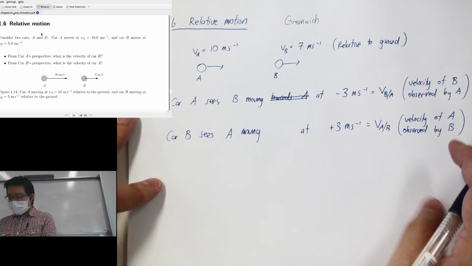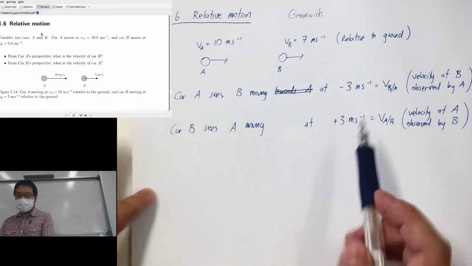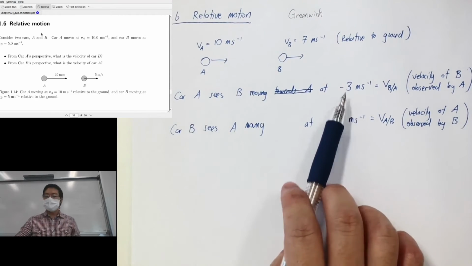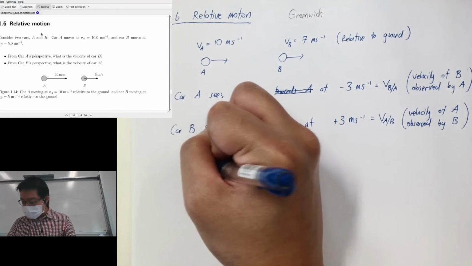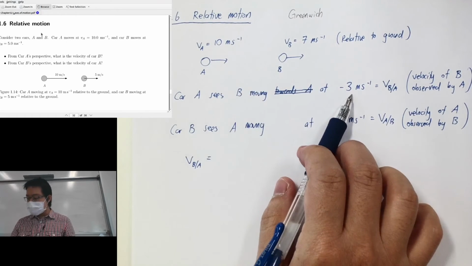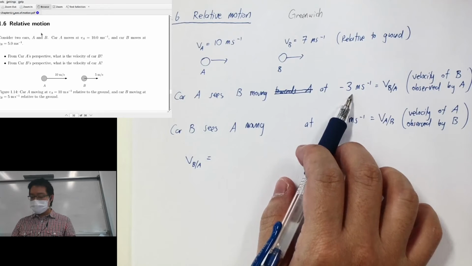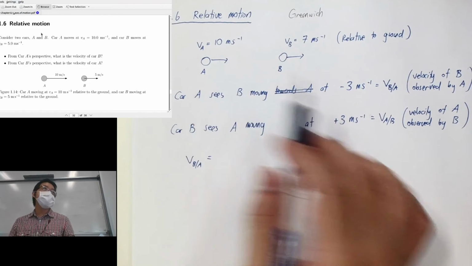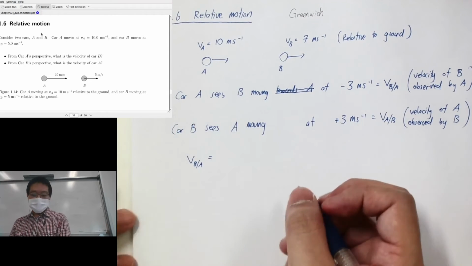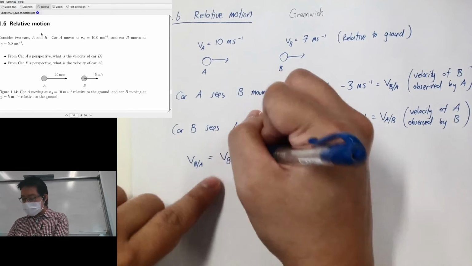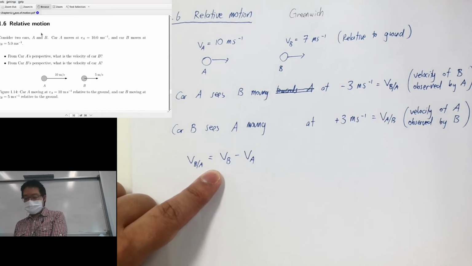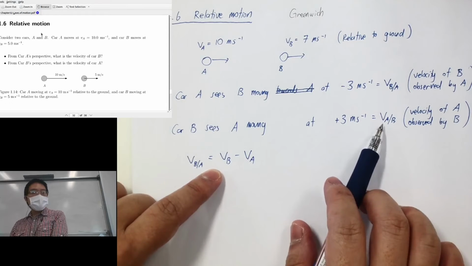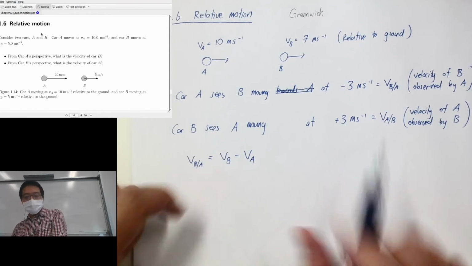Okay, and then from here, what we conclude that how do we calculate this number? To calculate VB observed by A, right? We actually take this minus this, so you get -3, right? So it's coming to you. So this is actually VB relative to the ground minus VA relative to the ground. And then similarly, how do we calculate VAB?